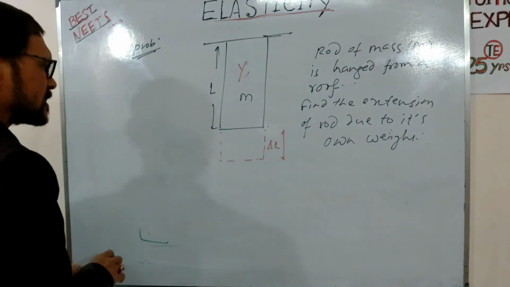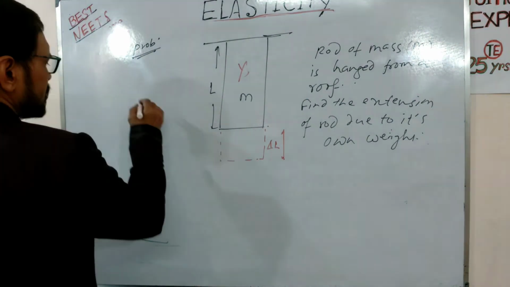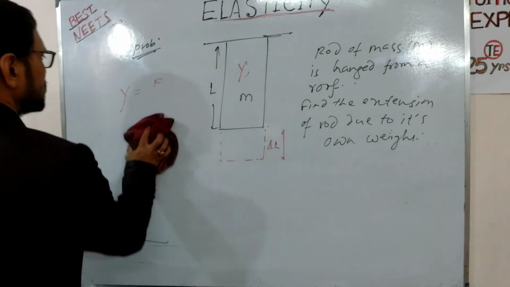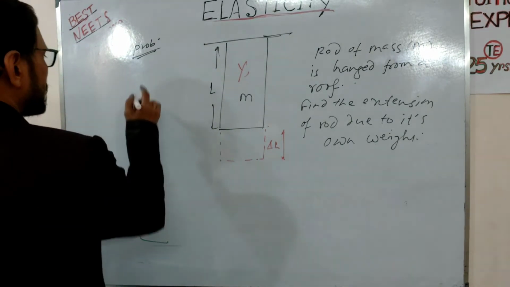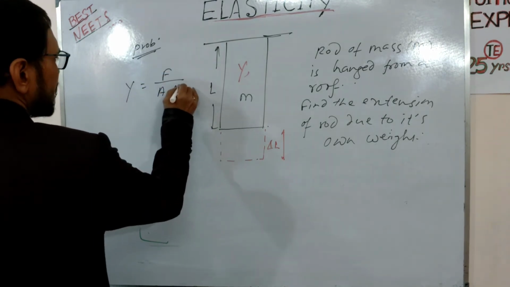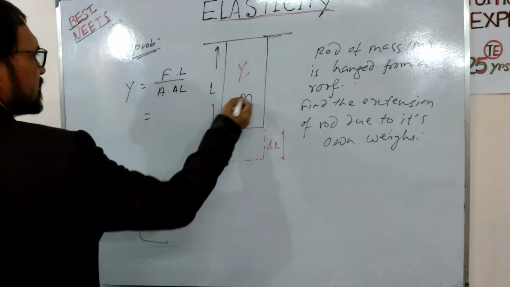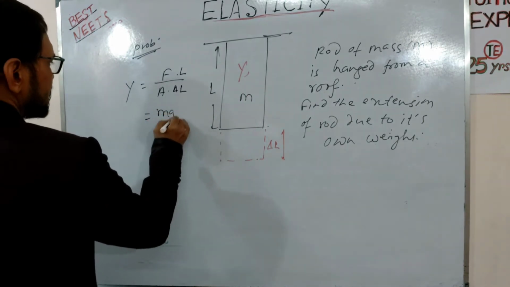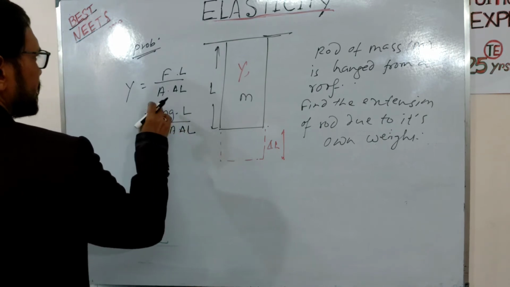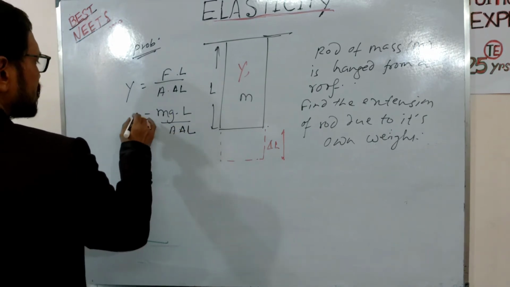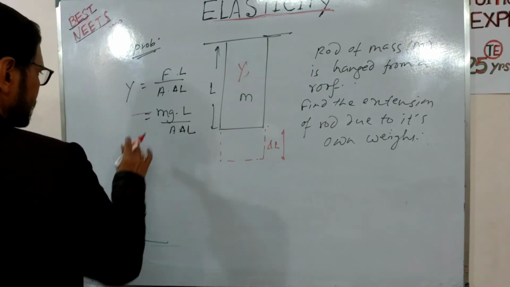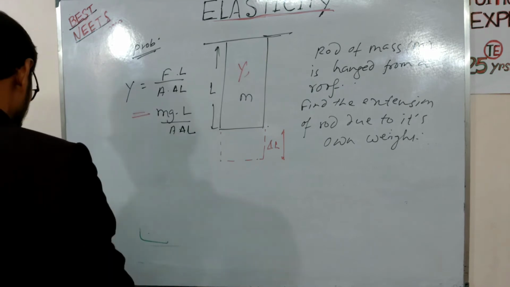Here students generally use the formula Y equals force by area into original length by del L, and put F equal to mg, giving del L equals mgL by AY. But this is not correct.